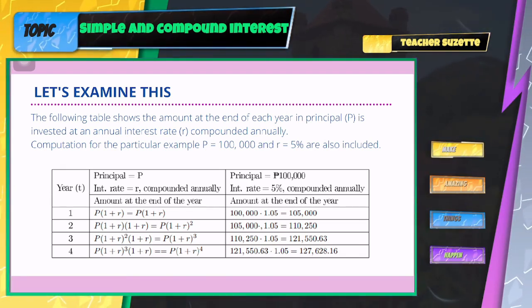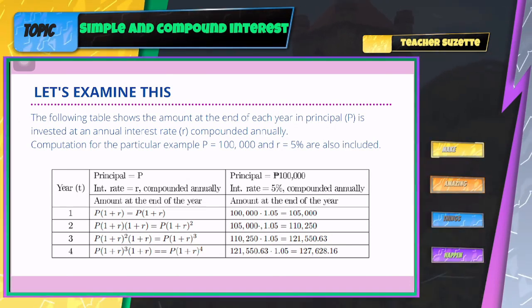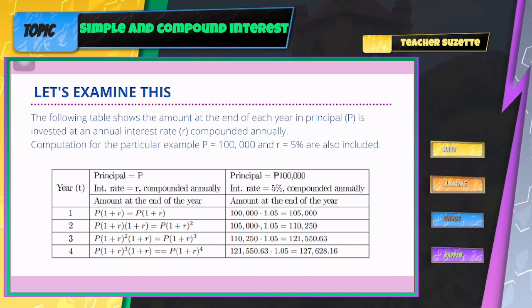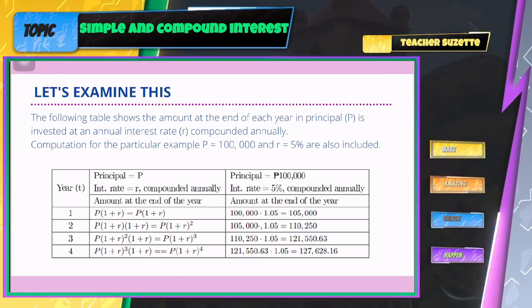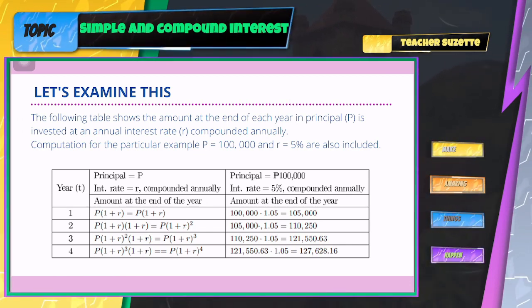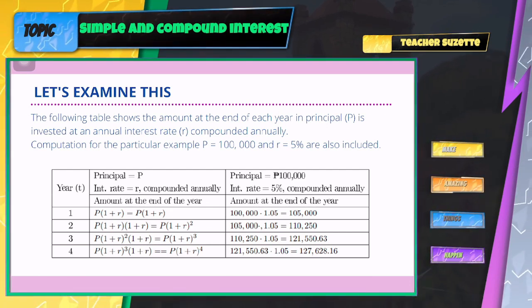Aside from that, you can clearly observe in our table that the amount at the end of each year is just the amount from the previous year multiplied by 1 plus R. In other words, 1 plus R is multiplied each time the year ends.